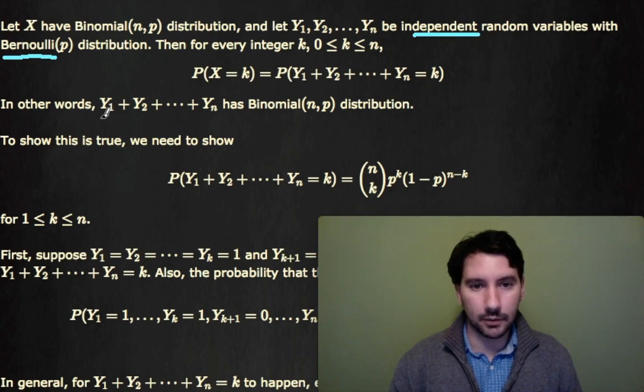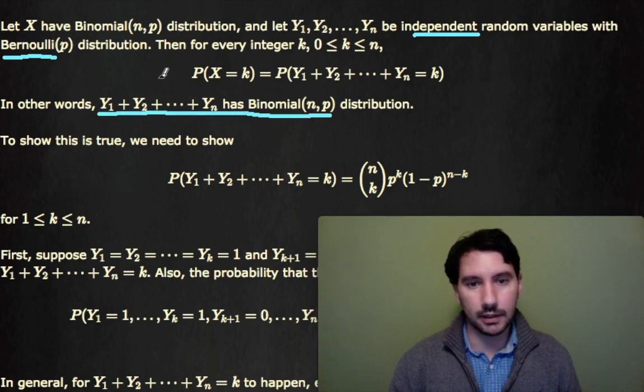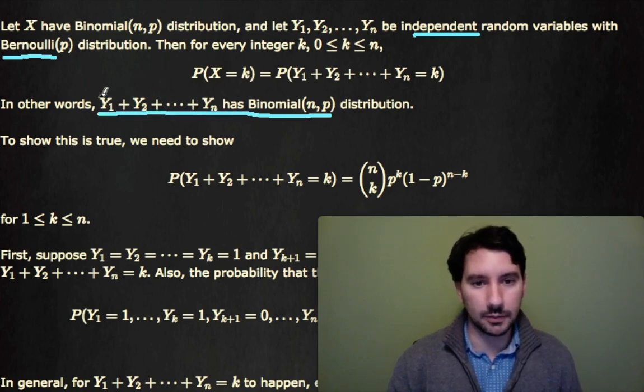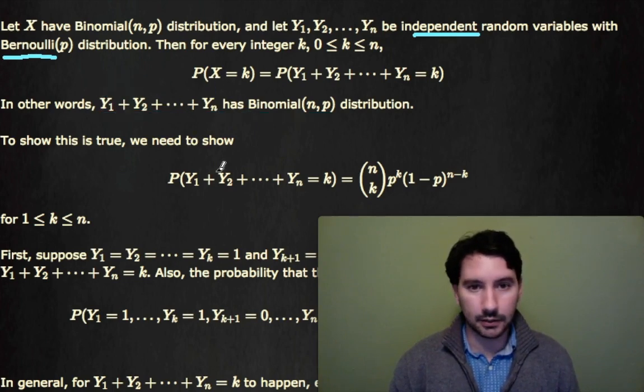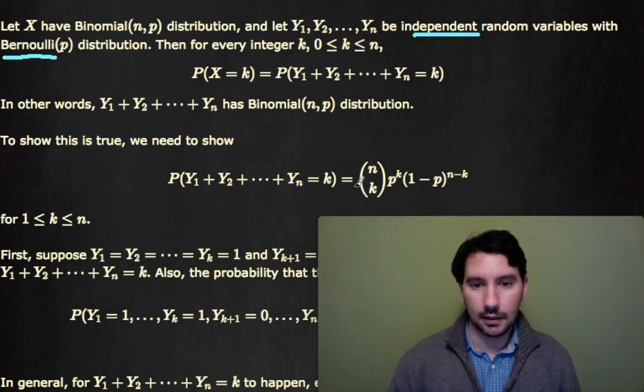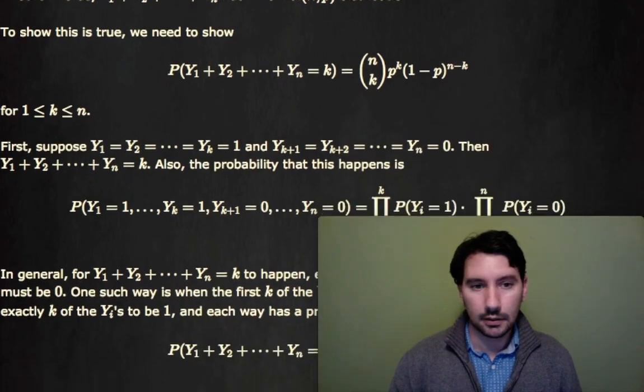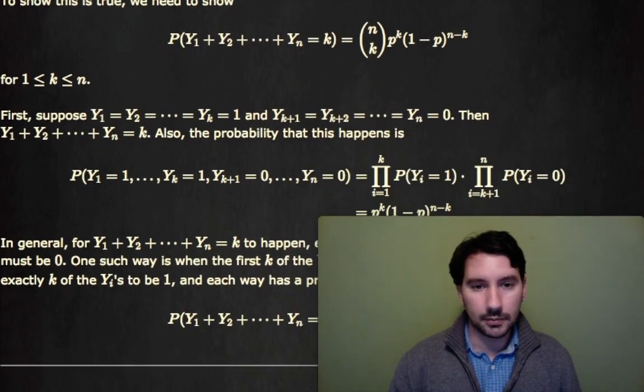In other words, the sum Y1 plus Y2 up to Yn is binomial n, p. So each one of these is the outcome of one experiment, and they could be zeros or ones. And if we add them up, that's like running n experiments, each with probability of success p. So this is what I had just explained a minute ago.